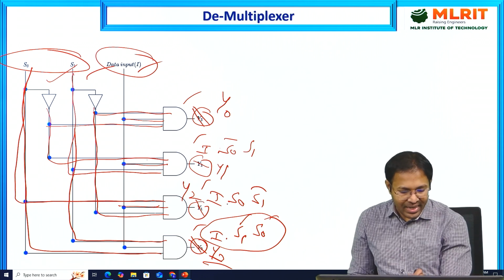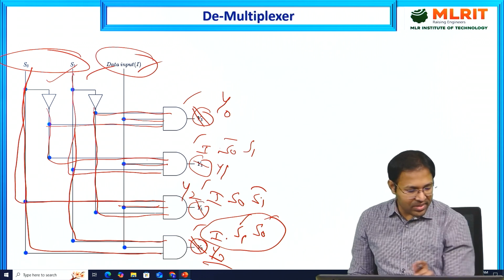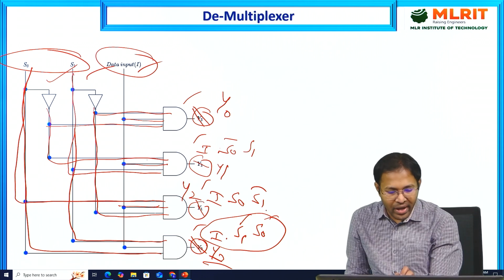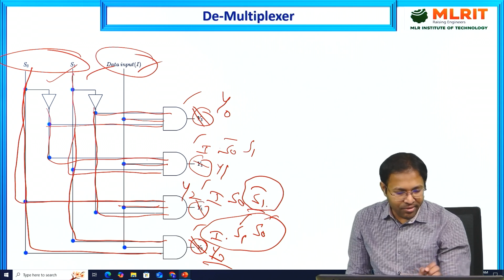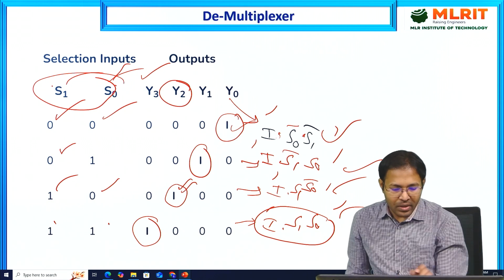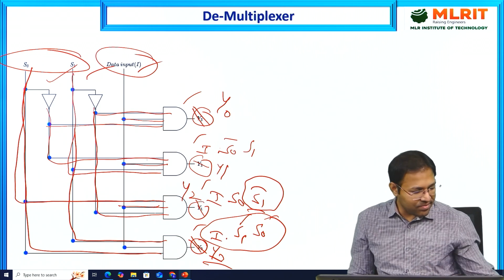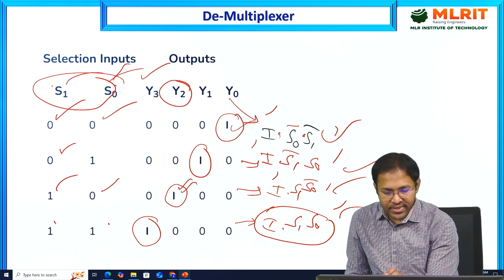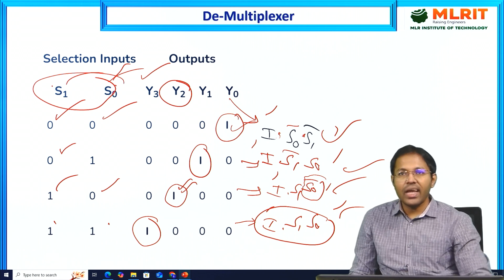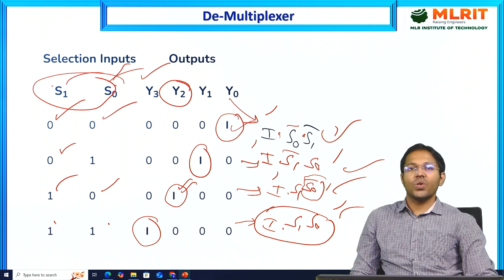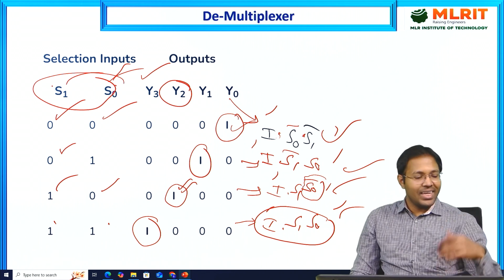But here, S0 into S1 bar. So observe these two. For the case of Y2, bar is for S1. But if you see here, bar is for S0. So how can we explain this?